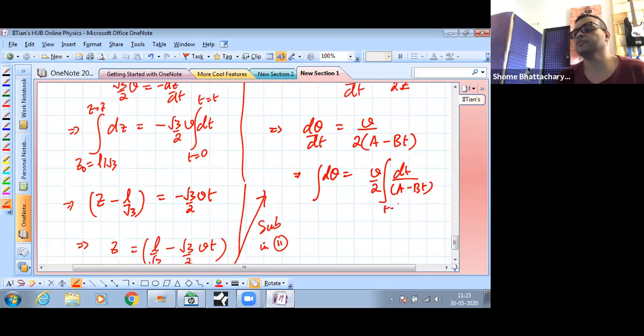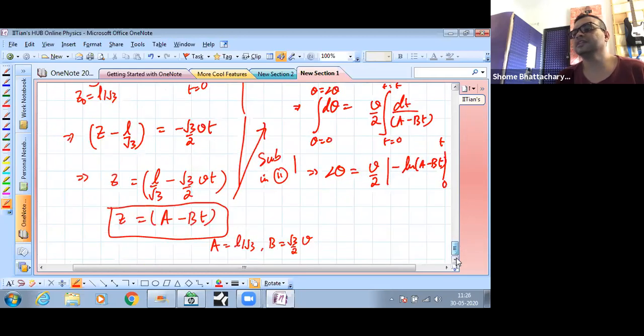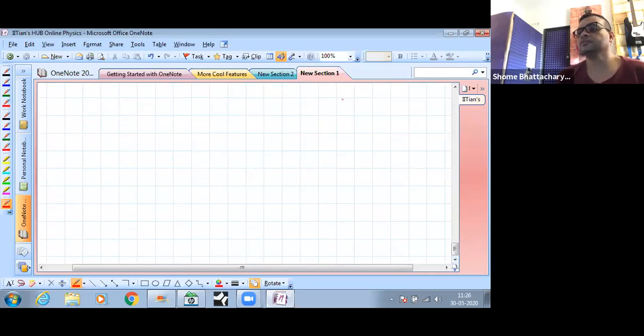So time going from 0 to t, theta going from 0 to some delta theta, the angular displacement. So delta theta will become v by 2. When you integrate this, you have minus of ln (A minus b t) going from 0 to t. So this is that standard kind of integration that you are aware of. So this term will now become minus 1 by b into v by 2.